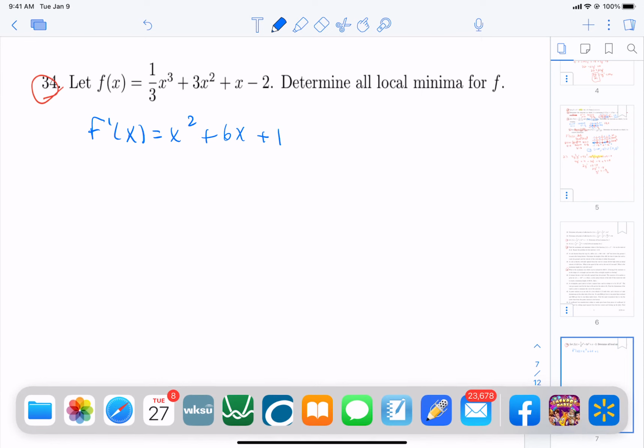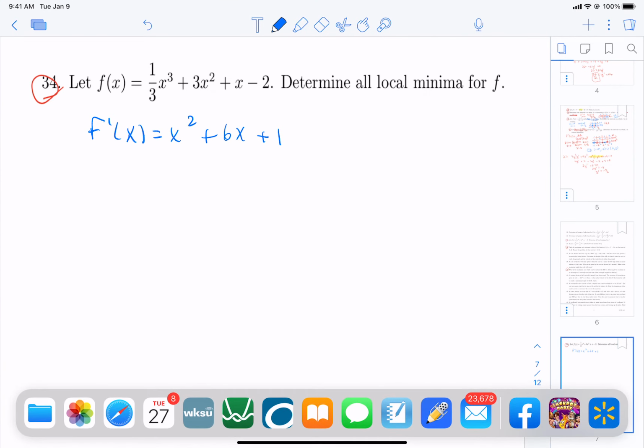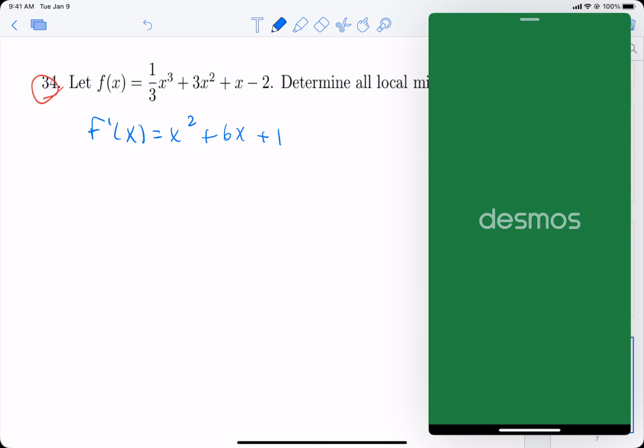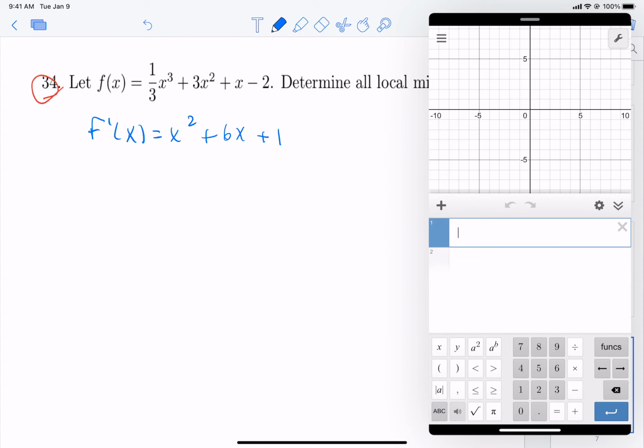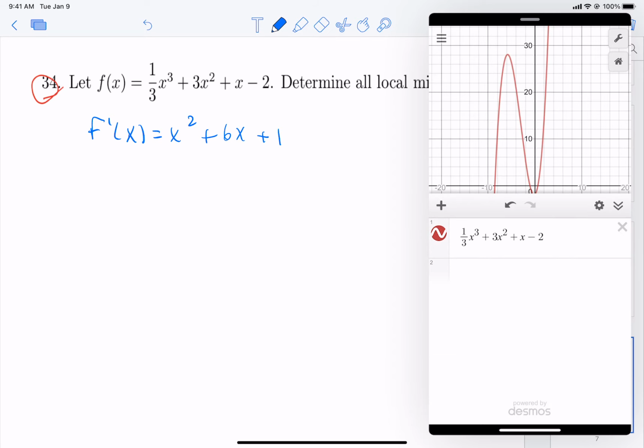We're going to cheat a little bit. I don't know why they would give us this one. That's kind of dumb. Let's just look at the graph for a minute. Yeah, there is a point.